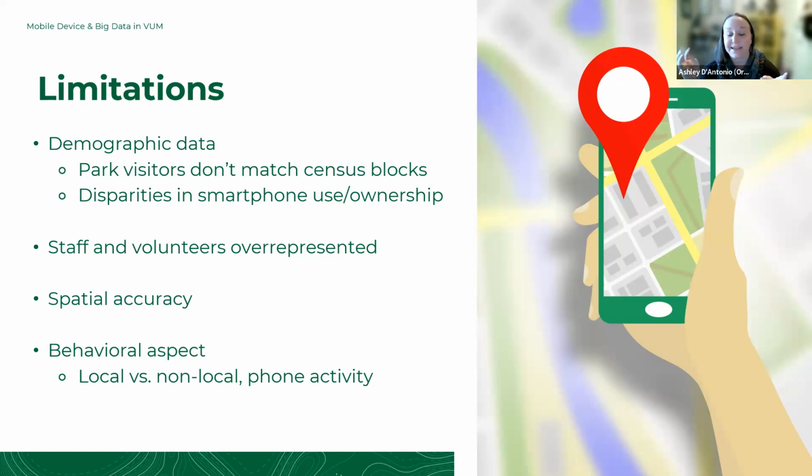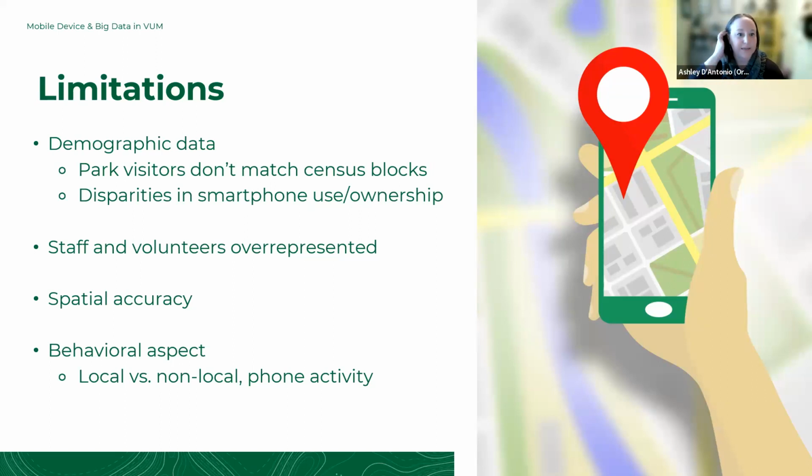So we're extrapolating our demographics from where we think that phone lives, essentially, and then matching that to our census demographics and extrapolating from there. But we know from most of our studies in parks and protected areas, in a lot of places, our park visitors aren't matching our census blocks.